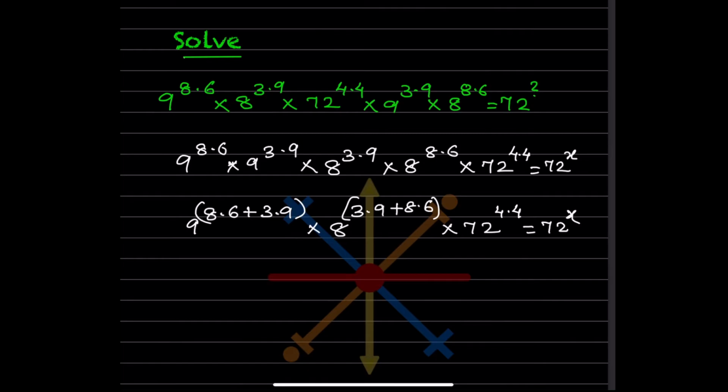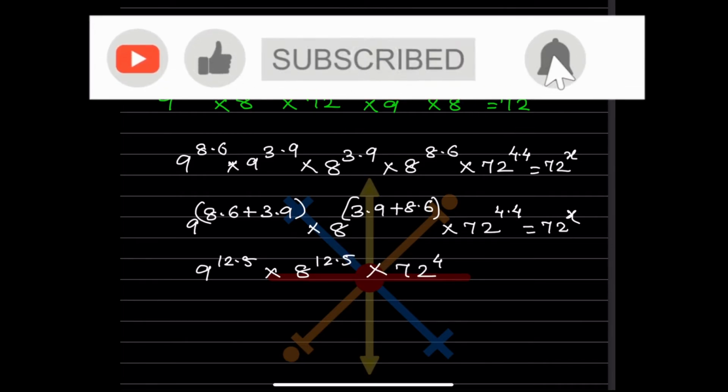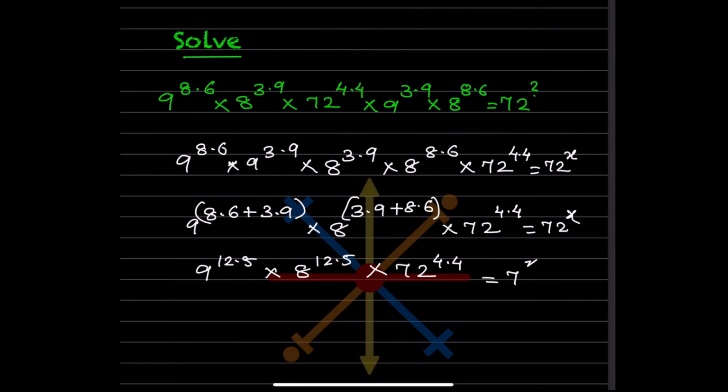So now what is this going to be? 9 raised to, when you add this, it is going to be 12.5 into 8 raised to, again, this also is the same. That will be 12.5 into 72 raised to 4.4 is equal to 72 raised to x.